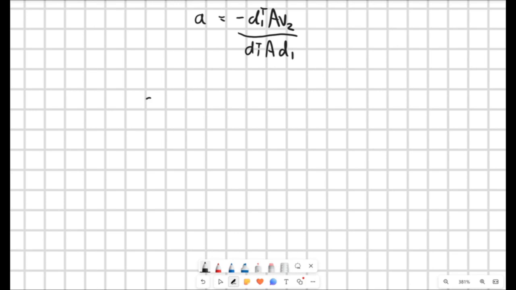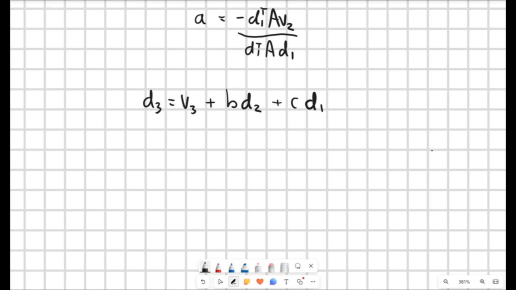We're going to say that D3 is equal to V3, and here we're going to have another constant times the second search direction plus another constant times the first search direction. Basically, we're going to apply the same trick again.